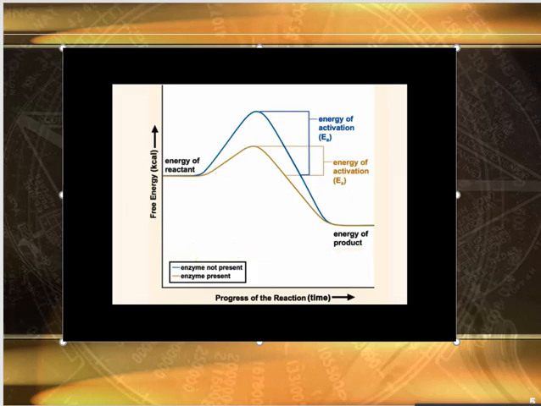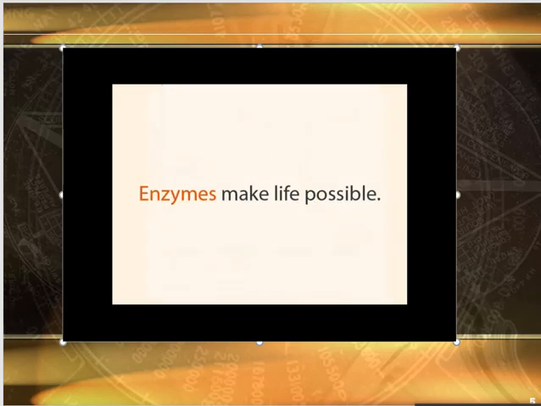Notice that the enzyme does not influence the energy level of the reactants or the products, but only the amount of energy that is required during the process of the chemical reaction. Without the use of enzymes, many of our body's processes, such as digestion and the processing of nerve impulses, would simply occur too slowly. In other words, enzymes make life possible.